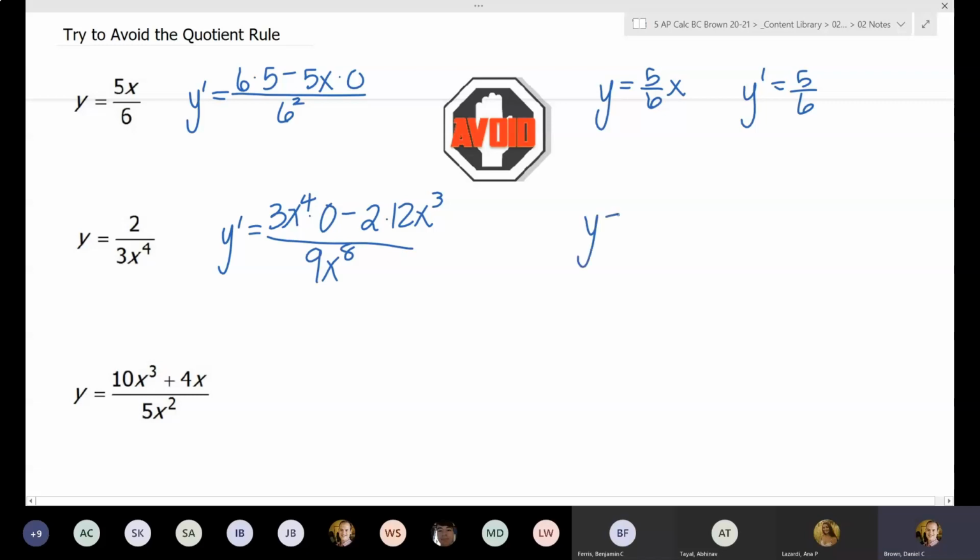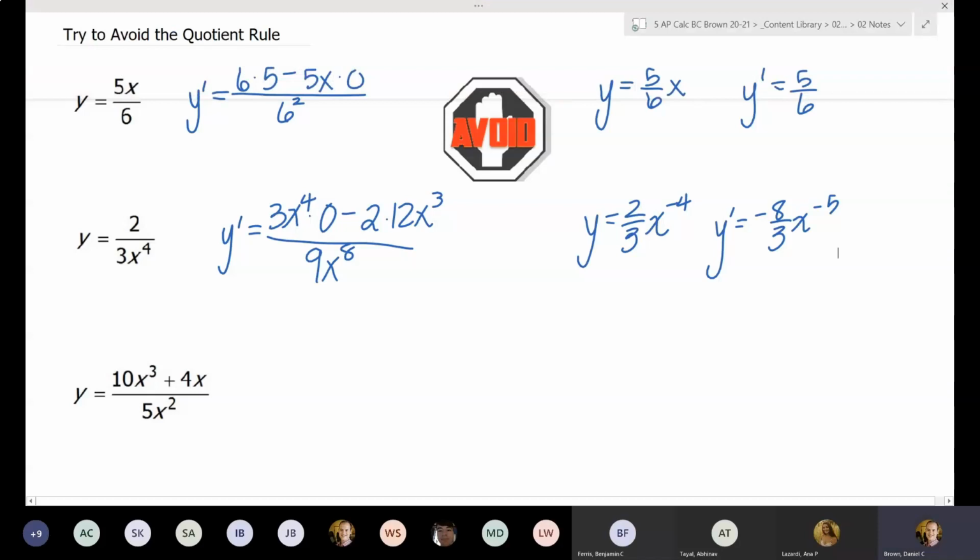You could say, oh, well, this is just the same thing as saying 2/3 of x to the -4th power. And I know that derivative is -4 comes down in front. So I'll have a -8/3 and then subtract 1 from the exponent. That way is going to be a whole lot easier when we start doing our applications and having to worry about simplifying the quotient rule.